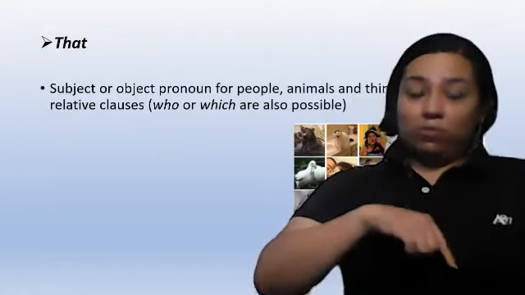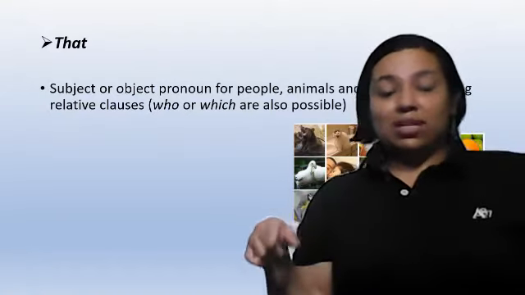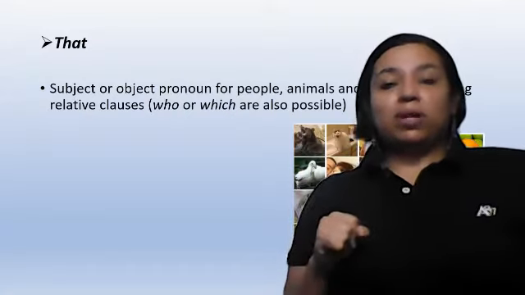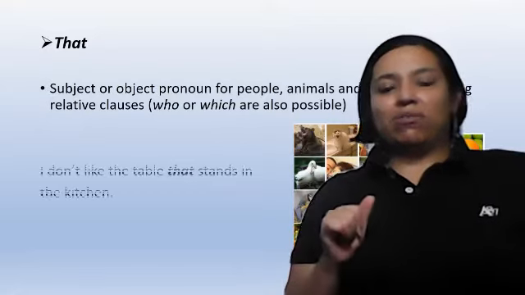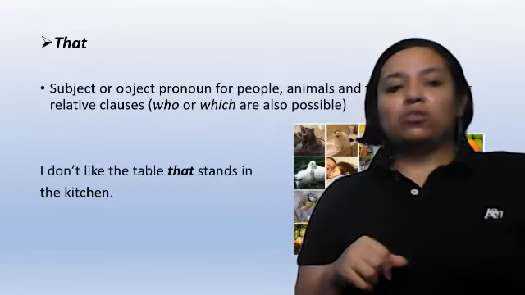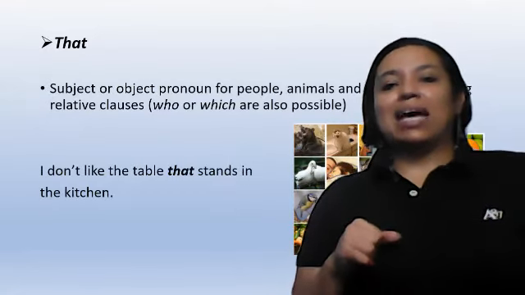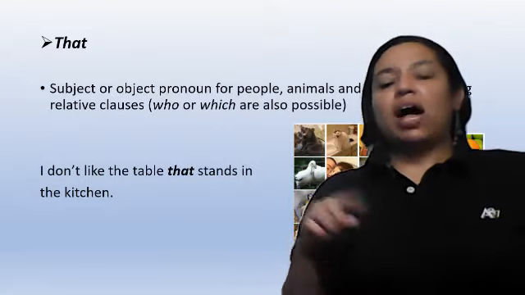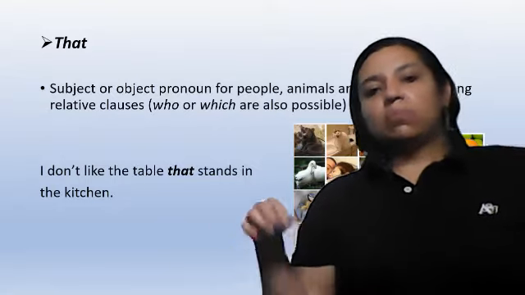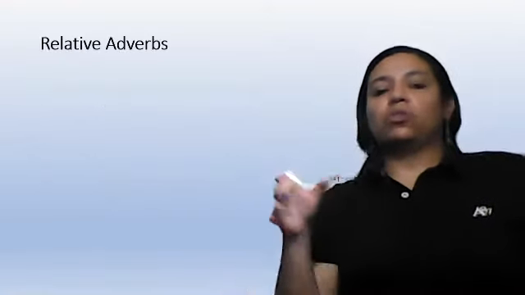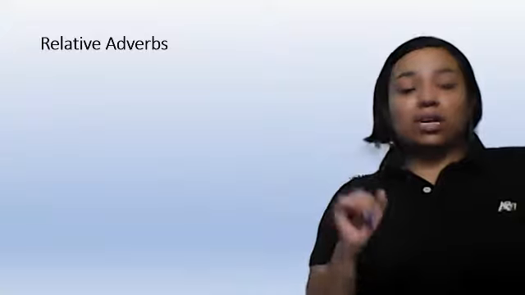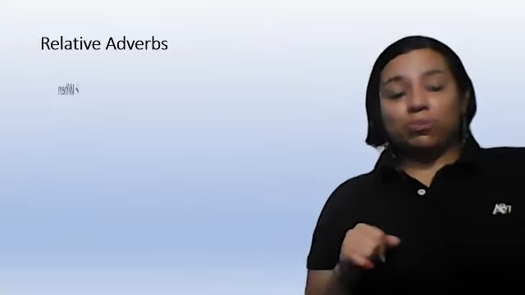If you remember, I told you that at the end of this slide, I'm going to explain the difference between non-defining and defining relative clauses. An example of the use of that: I don't like the table that stands in the kitchen. Instead of the one that stands in the kitchen, we also use that. Now, the second category, relative adverbs.